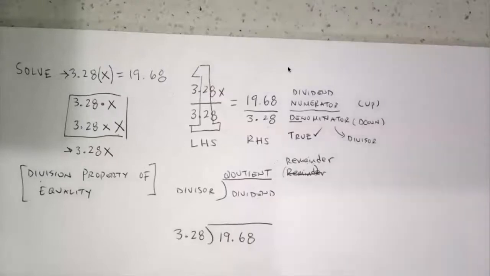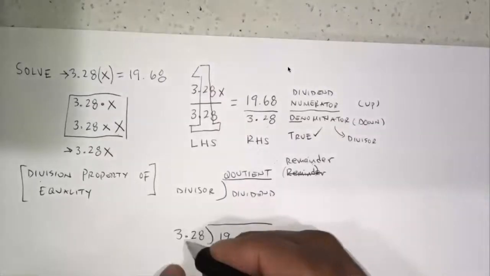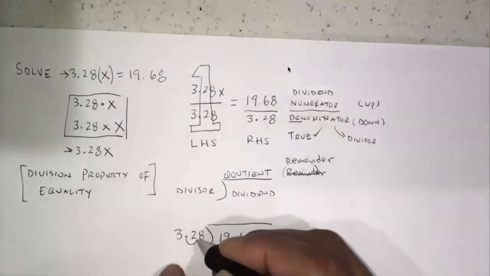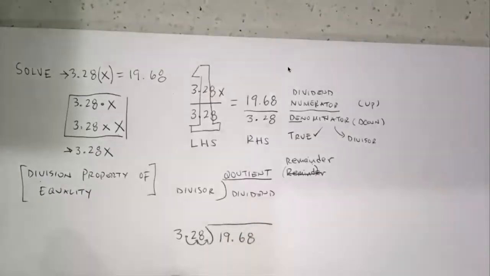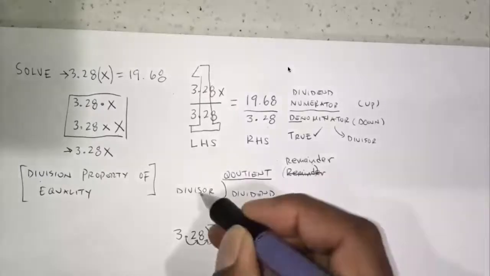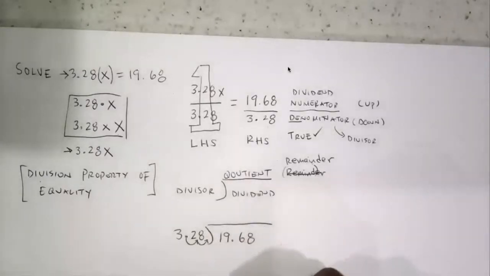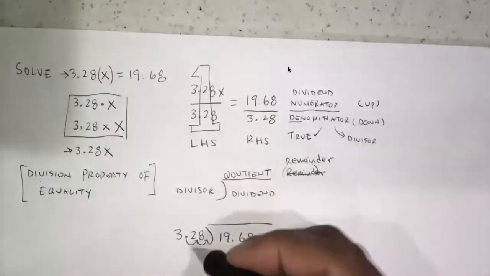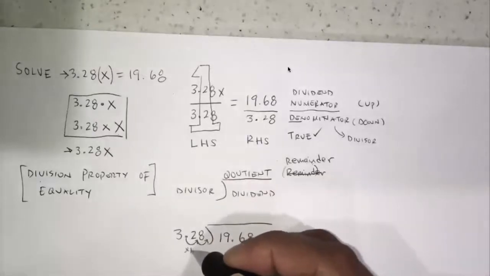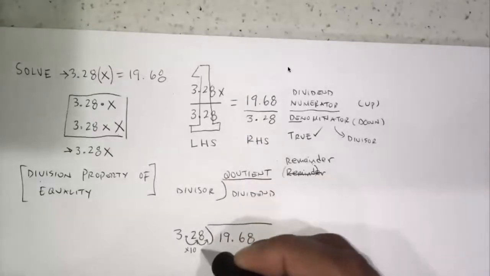And with that, there's a reason that we move the decimal place to the right twice, so we could make it a whole number. So we just made the divisor, which was a decimal, into a whole number. And the reason we do that is because we multiply it by 10 every single time we move it.